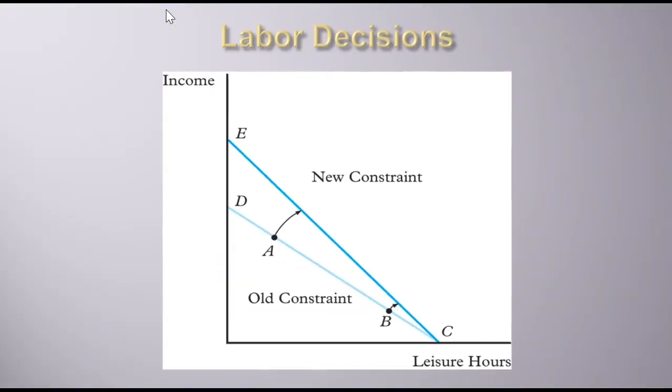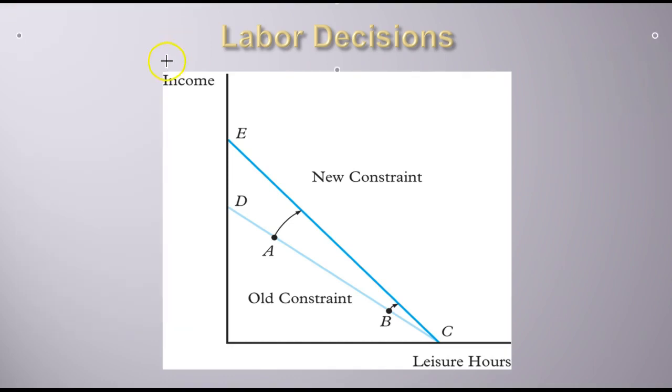Now, which effect is stronger, the income or substitution? It's going to depend a lot on how much of a shift there is, how much it pivots out basically.